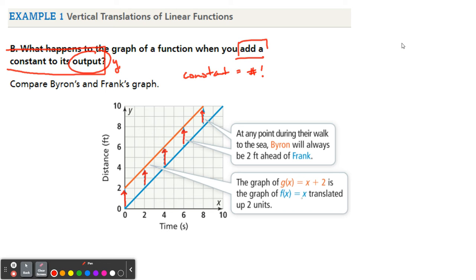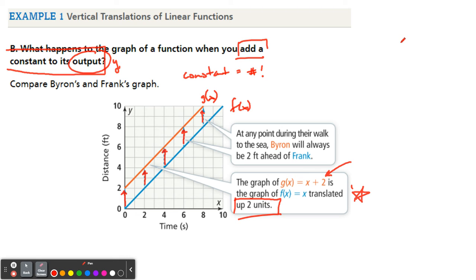So what you're doing is you're plugging in x into the function, and then for the red graph, you're adding 2 to its y every time. This is going to translate into a graph up 2 units. So again, this plus 2 after it is going to move the graph up 2 units. If you look here, this was the f of x graph, and this, of course, is the g of x because all of its points are up 2. This is an important idea. This is your vertical translation idea.